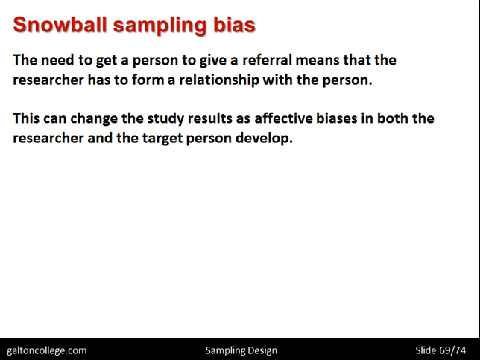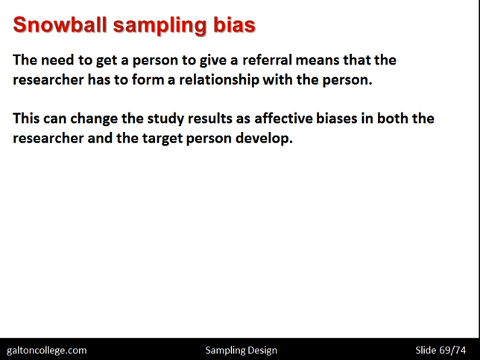This can change the study results as effective biases in both the researcher and the target person develop. So it may be that the person being interviewed or surveyed starts to give answers that they think the researcher wants rather than the true answer.